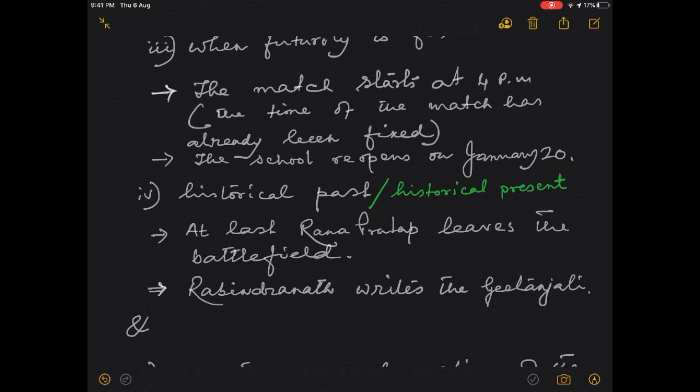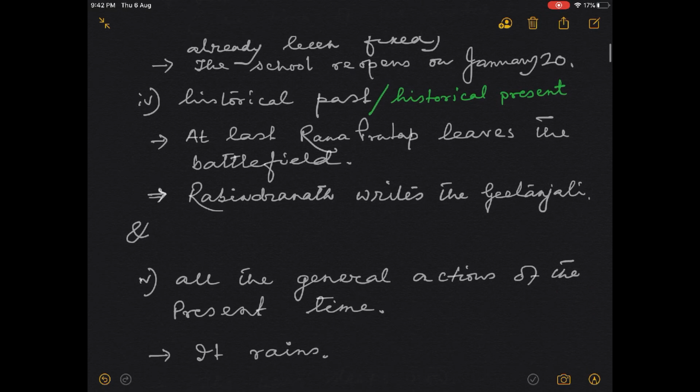Rana Pratap actually left the battlefield. But to give the idea of the present event, the structure, the syntax of present indefinite tense is used here. At last, Rana Pratap leaves the battlefield. Similarly, Rabindranath writes the Gitanjali. These are the examples of historical present.